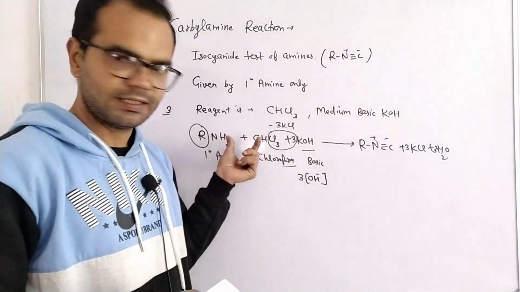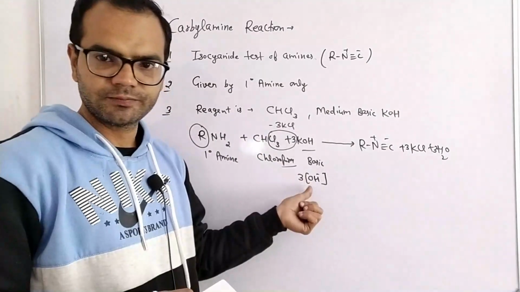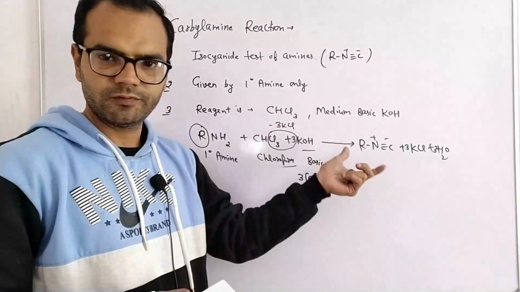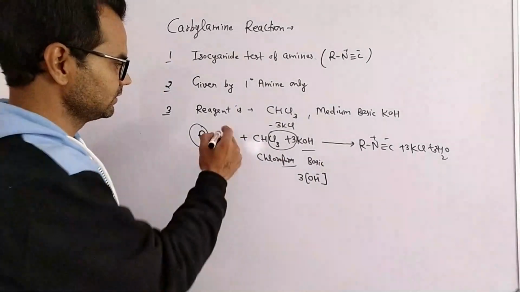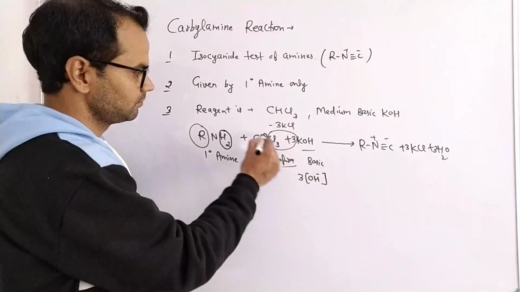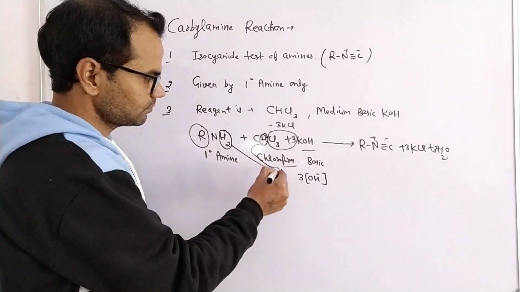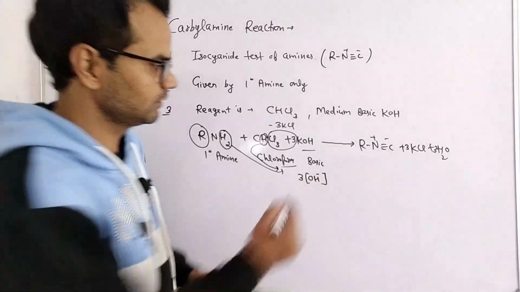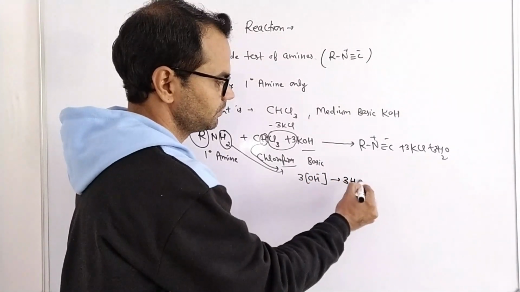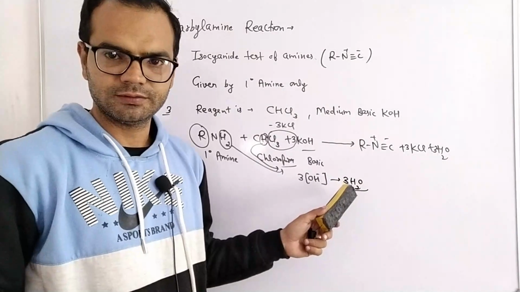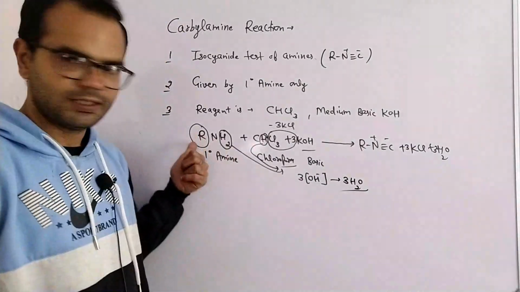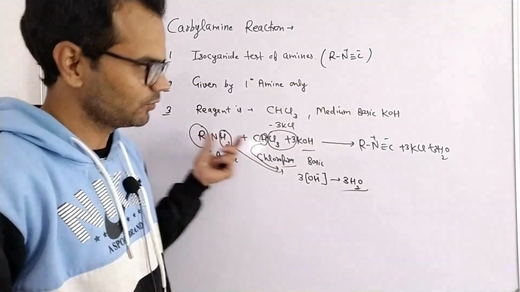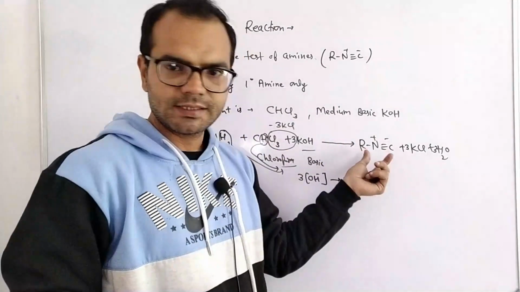So these 3 acidic hydrogens will react with the 3 hydroxide ions, resulting in the formation of 3 water molecules. Now what do we have left? Alkyl group, nitrogen and carbon. So they will combine to form RNC, isocyanide.